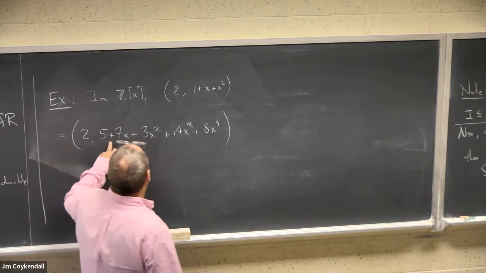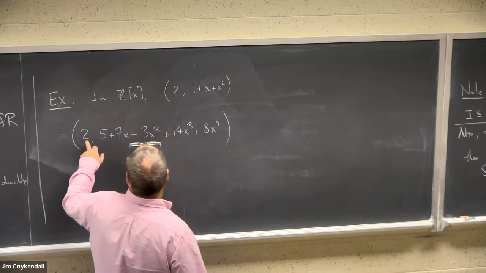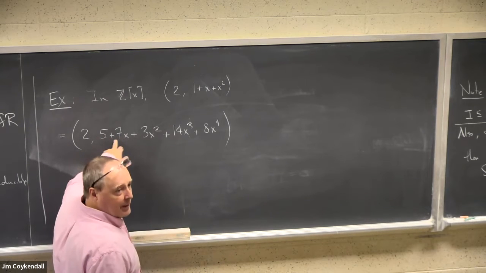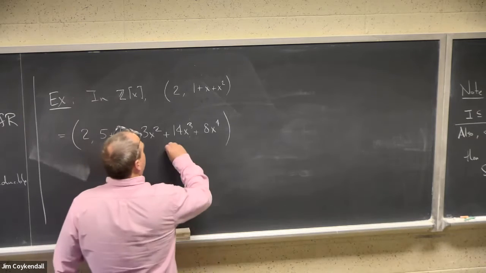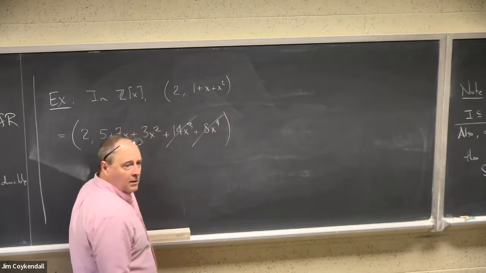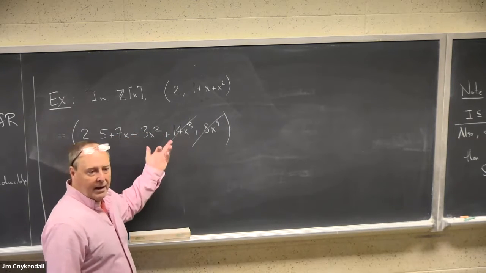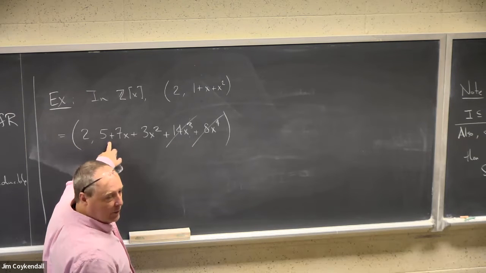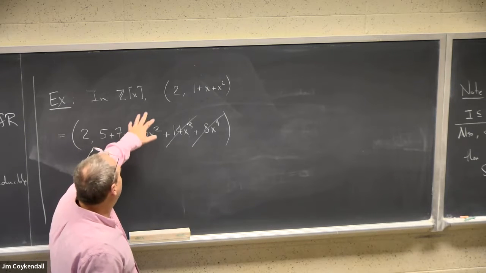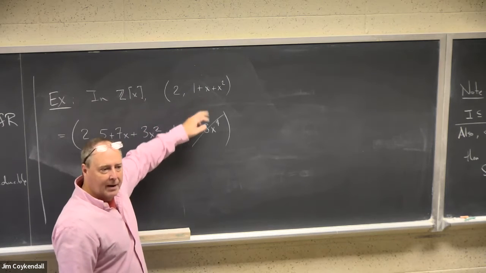Because if you look at this ideal generated by 2 and this polynomial, well, the 2 allows you to squeeze these out, because they're already in the ideal generated by 2. And you can use the 2 and the Euclidean algorithm to pare this down to this more streamlined polynomial.